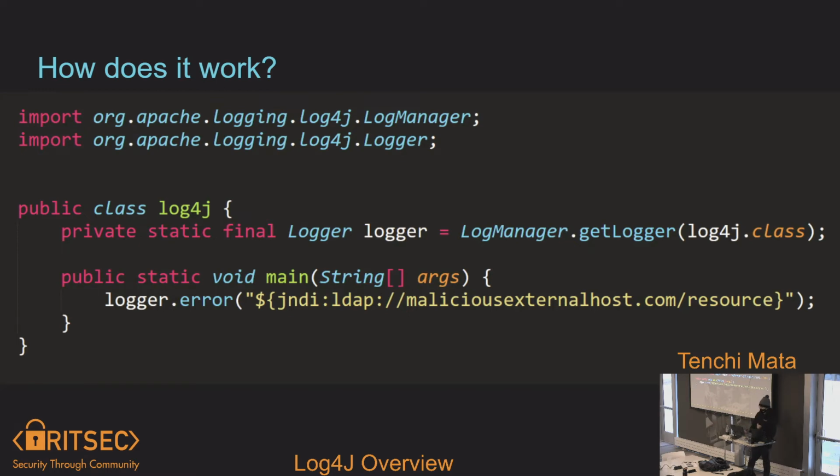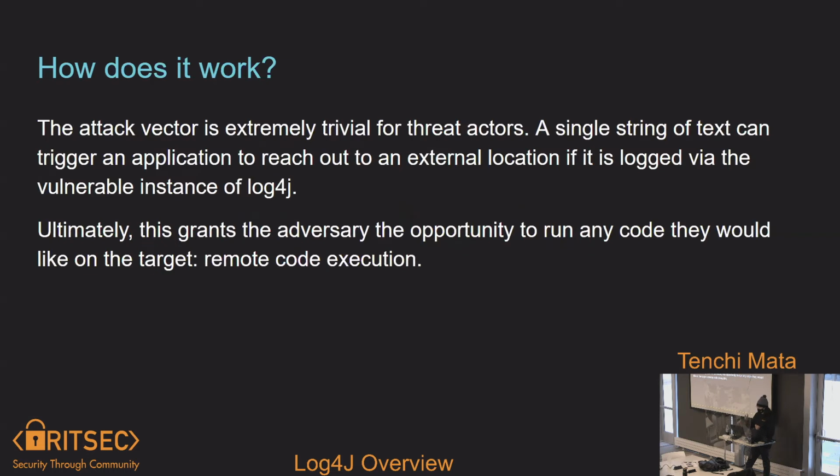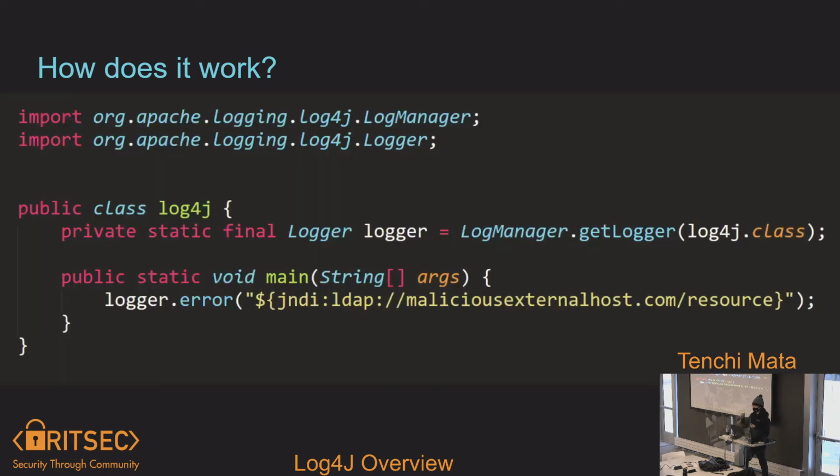Okay, so this vulnerability is very trivial. A single string of text can trigger an application to reach out to an external location if it's logged via the vulnerable instance of Log4j. This is how Java utilizes JNDI, the Java Naming and Directory Information, where they access objects externally so they can export them to different areas.